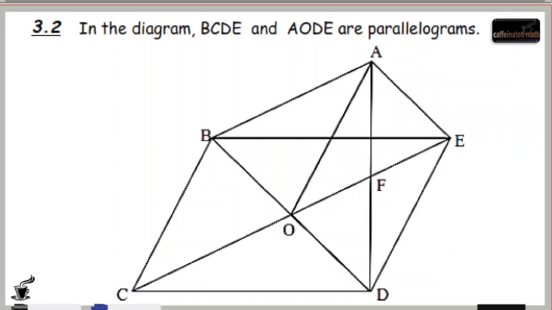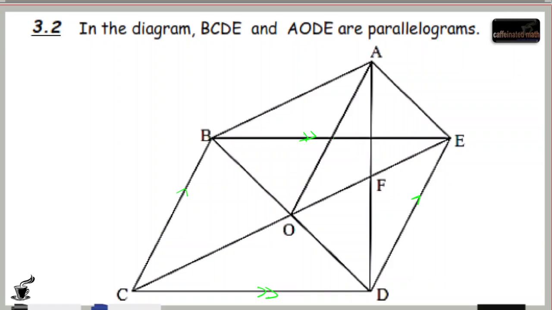In this diagram, we have BCDE and AODE as parallelograms. So that's BCDE. So we're going to mark those. And then AODE.